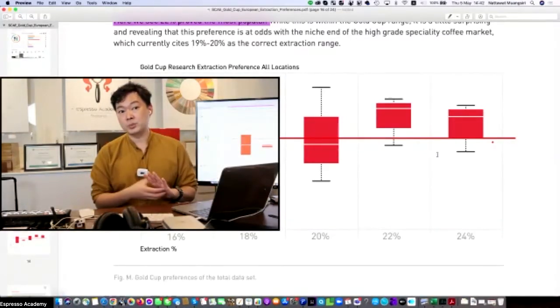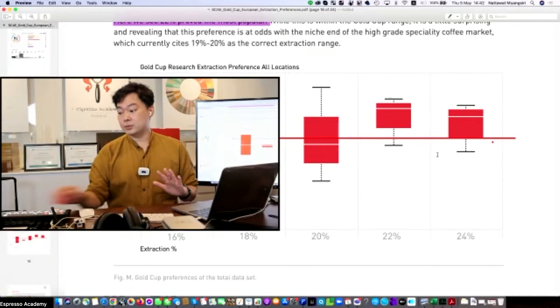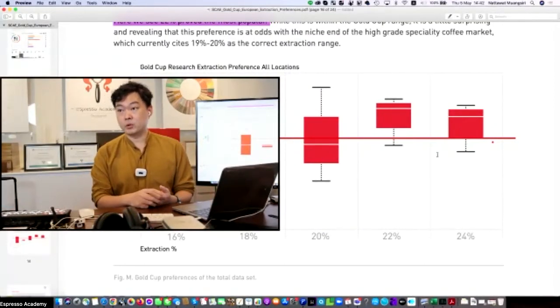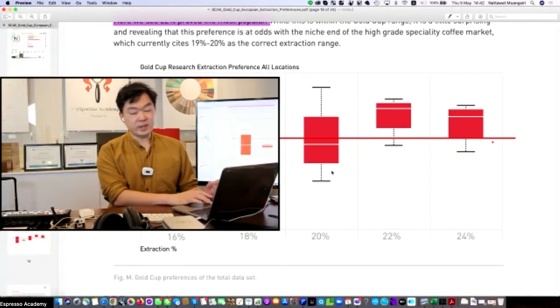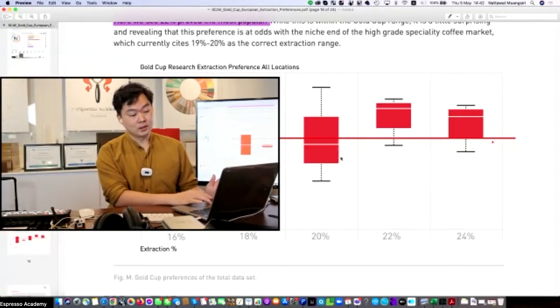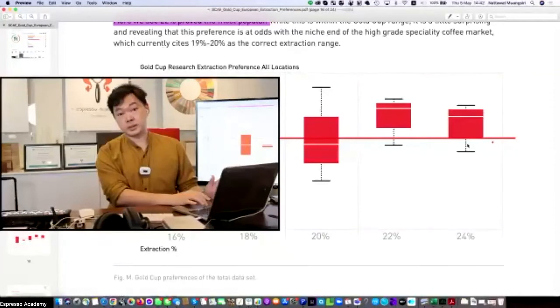Anything over extraction tends to be bitter. But based on this research, bitterness is okay in coffee. So 20% extraction still produces some uncertainty, a hint of sourness, maybe they don't like it. But if you do 22 and 24% extraction in coffee, people are okay with it.